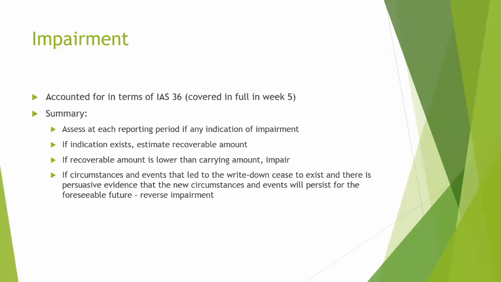So once you've estimated those two and you've got a recoverable amount, you will then compare it to your carrying amount. And if your carrying amount is higher than your recoverable amount, then you need to impair. Okay, the slide has it in the opposite direction, that if the recoverable amount is lower than your carrying amount, impair. So that implies that your carrying amount was higher than your recoverable amount. So you can see it in either direction.